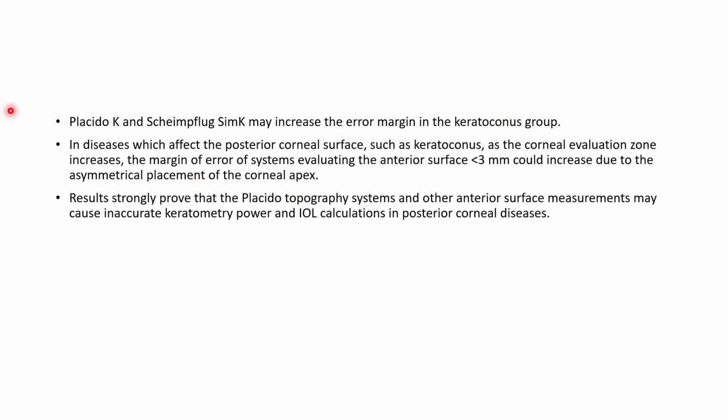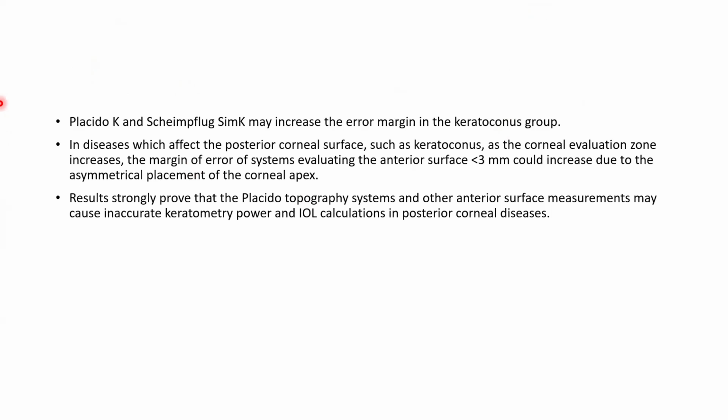In their study, they have mentioned that the Placido Ks and the Scheimpflug SIM-K may increase the error margin in the keratoconus group, and in diseases which affect the posterior corneal surface, such as keratoconus.